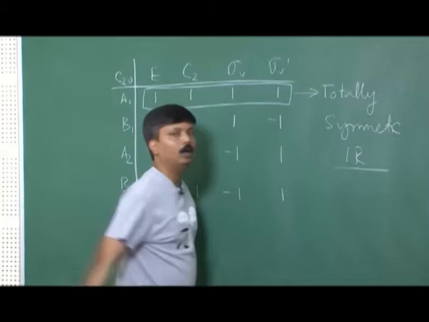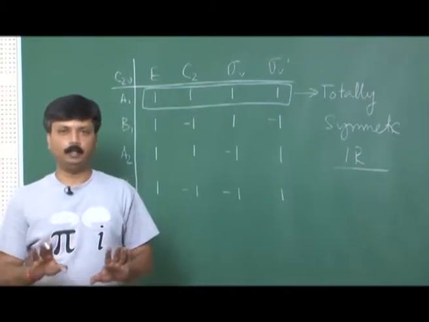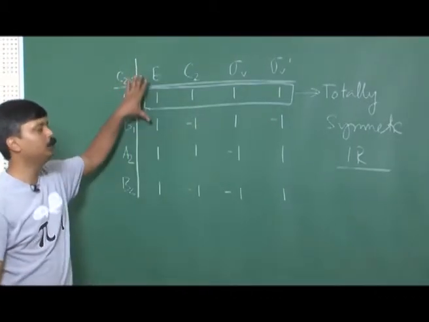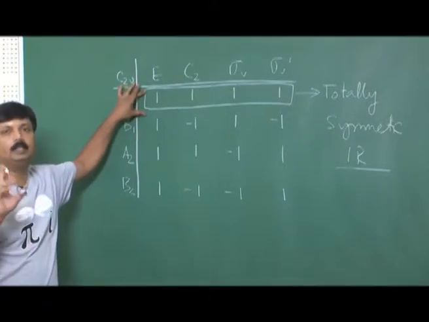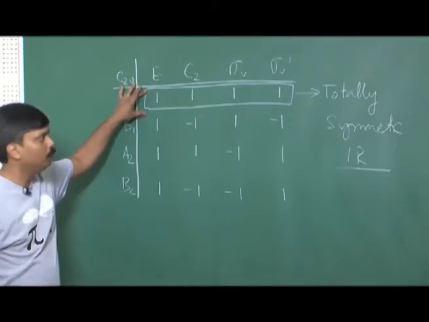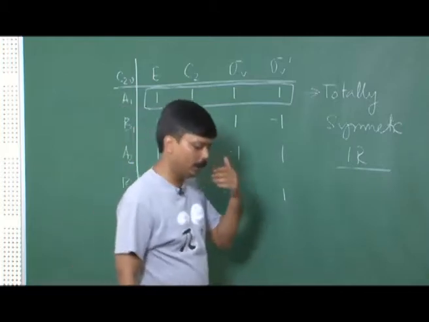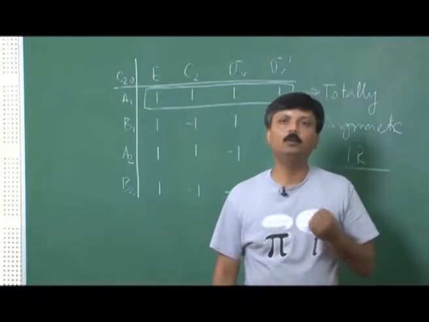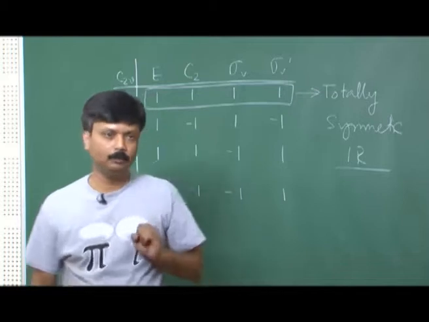So for any given character table you have to form, you know for sure that one totally symmetric IR will be there. This knowledge will help you even more when you would like to form the character table.